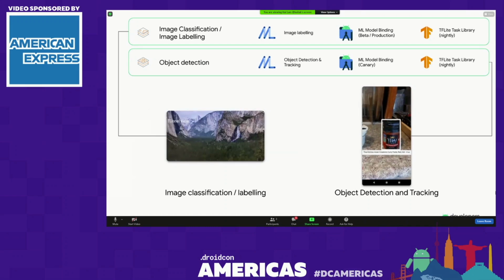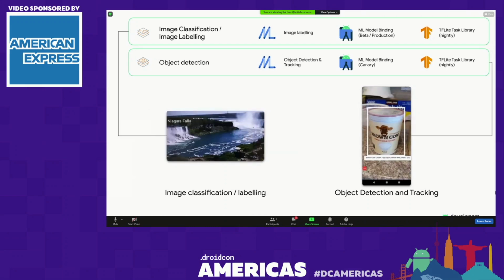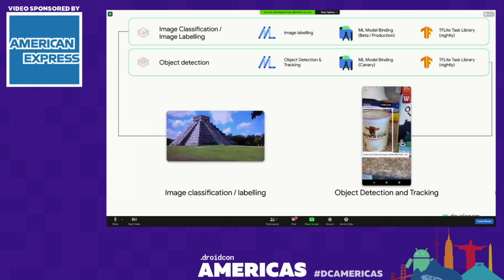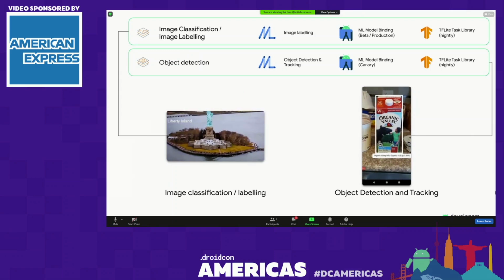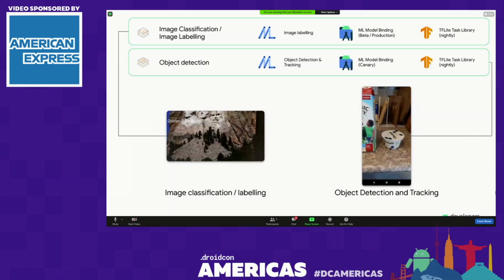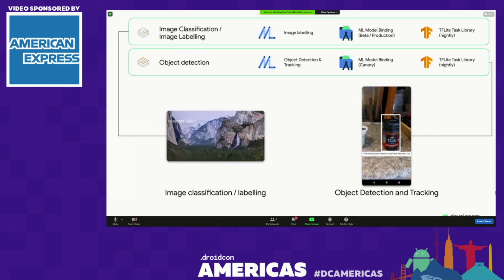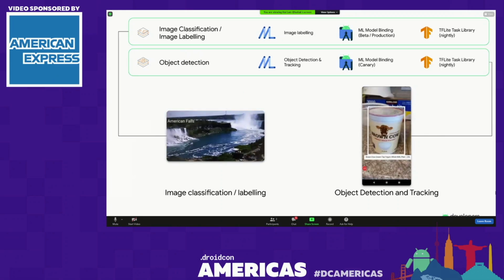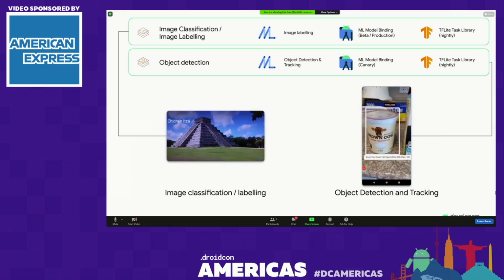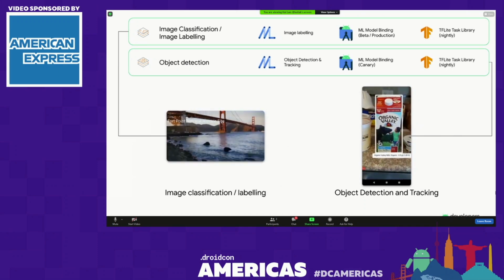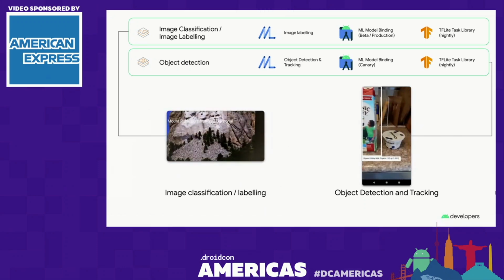The consideration here is really about how much of the screen the object of interest takes. If you're thinking about a scene, for example, the difference between a forest and an urban area, then you can use image classification, because the image you're trying to classify takes up the whole screen or the whole camera picture.